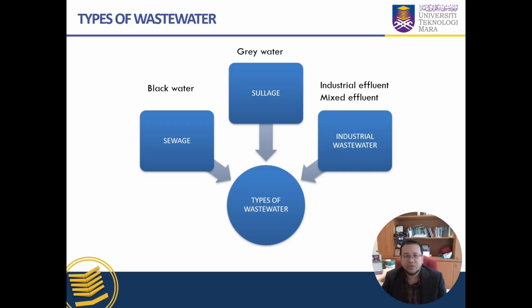Each type has different characteristics and pollutant profiles, which means they require different levels of treatment. Domestic wastewater, for example, contains human waste, grey water, and household chemicals. Industrial wastewater may include heavy metals, oils, or high-strength pollutants, depending on the industry.